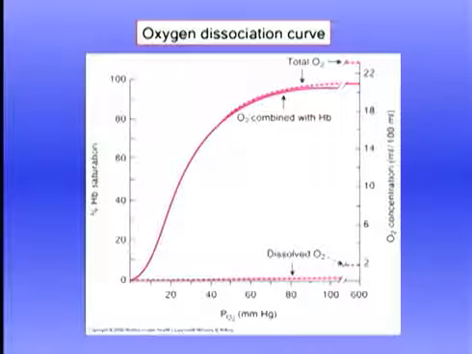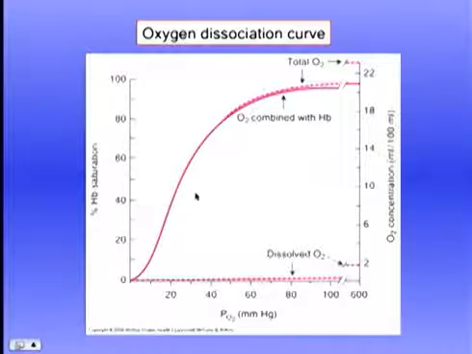The other important feature we should remember is that there are three anchor points on the oxygen dissociation curve. At least I think of those three points. The first is a normal arterial PO2 of 100 with a saturation of about 97%. The next is a PO2 of about 40 in mixed venous blood, which gives us a saturation of about 75%.